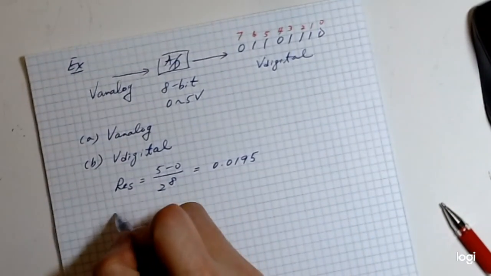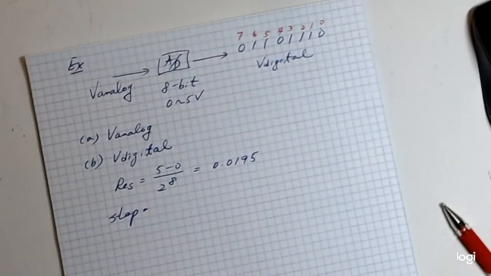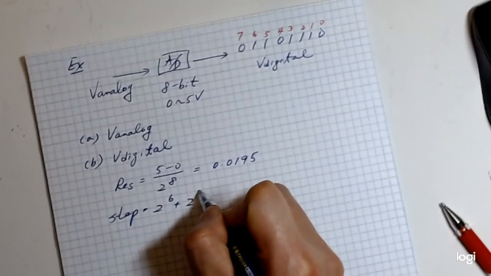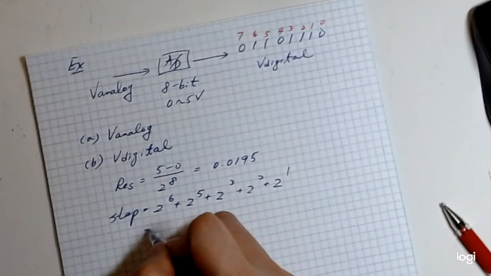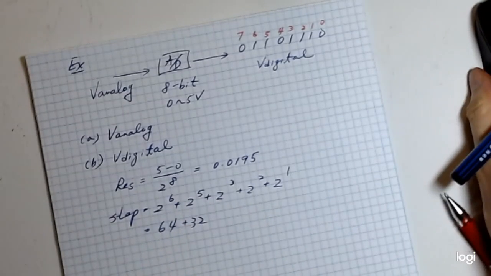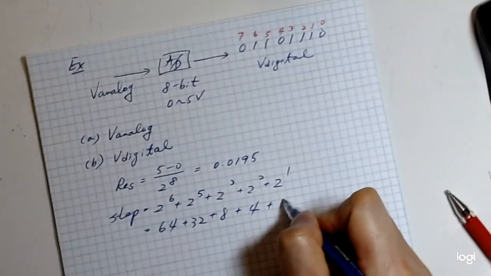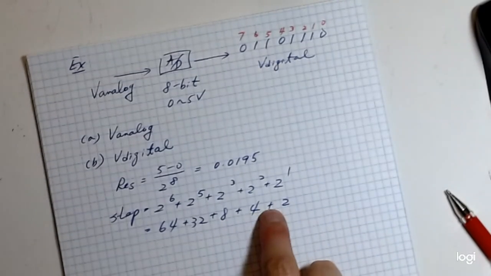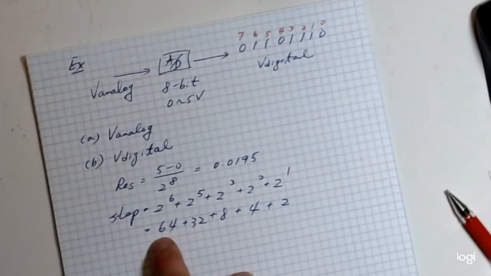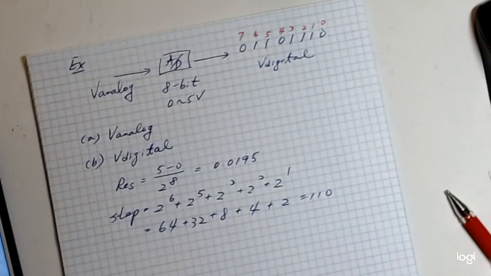So we can find how many steps. 64 plus 32 plus 8 plus 4 plus 2, 110. Check. 64 plus 32 plus 8 plus 4 plus 2, 110. So you have 110 steps.